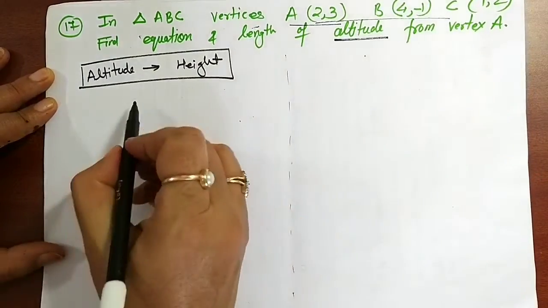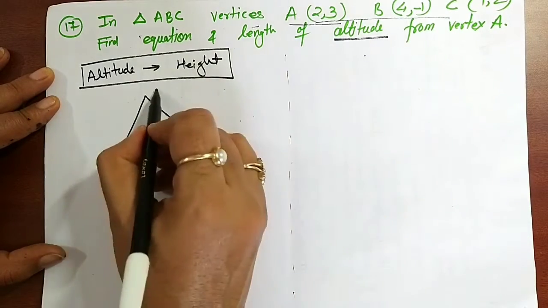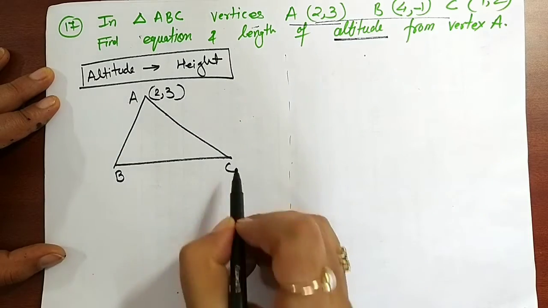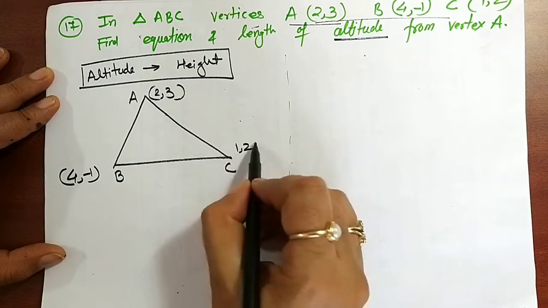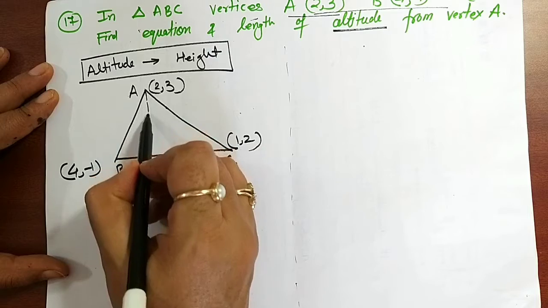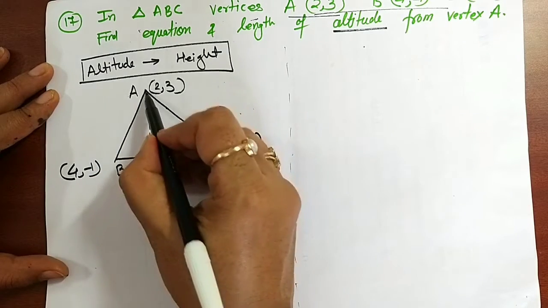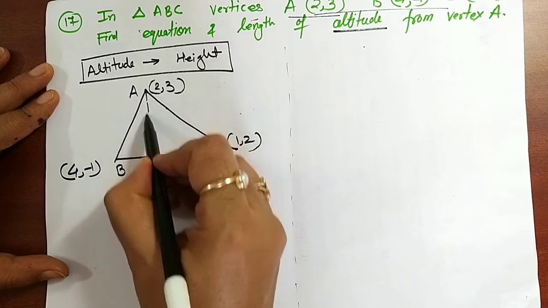If I make a rough sketch, they have given these 3 vertices A, B and C. B is 4 comma minus 1 and C is 1 comma 2. So what is the height? Height will be this. Suppose this is my D. They are asking the equation of this line, and they are asking the length of this line AD.